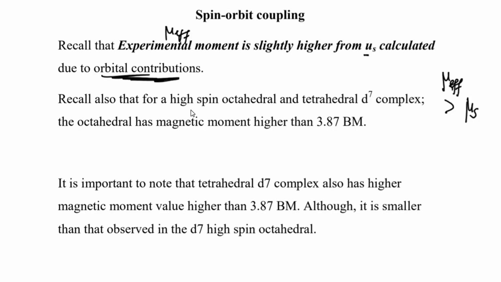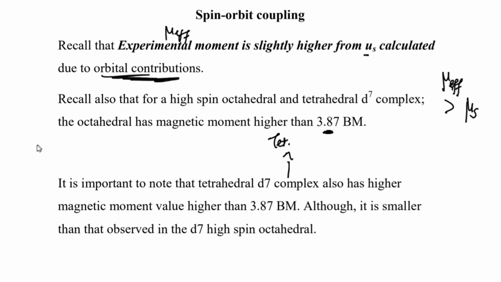So also recall that for a high spin octahedral and tetrahedral D7, the octahedral has a magnetic moment higher than this one due to orbital contribution. Now it's important to note that the D7 complex for tetrahedral also has a higher magnetic moment than 3.87.